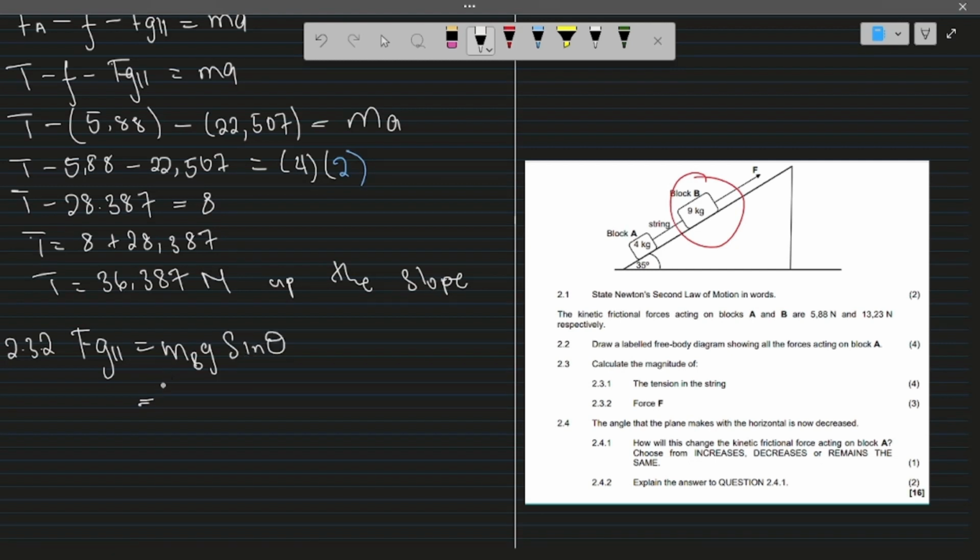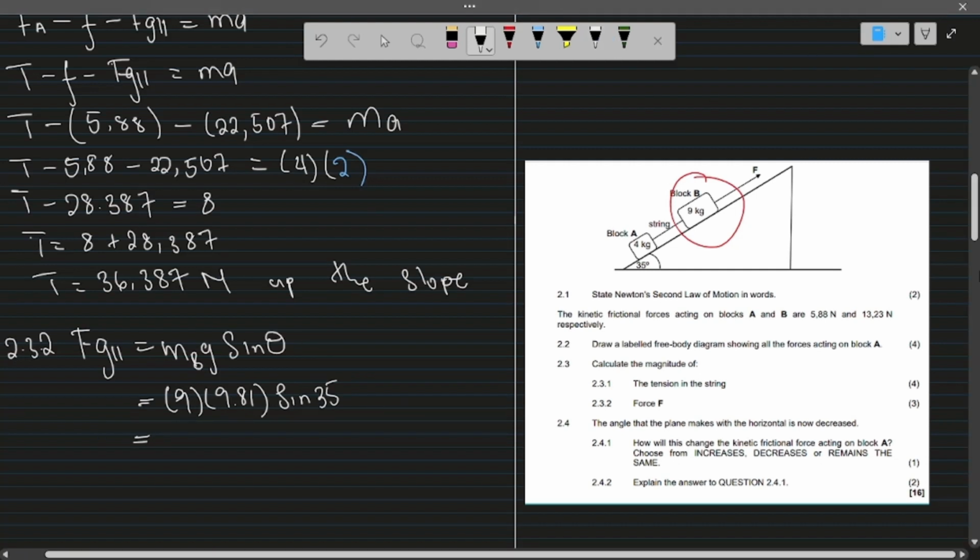The mass of the object is 9, the gravitational acceleration is universal, which is 9,8, and it's applied at an angle of 35 degrees. Right, so now let's go back to our calculator to assist us.